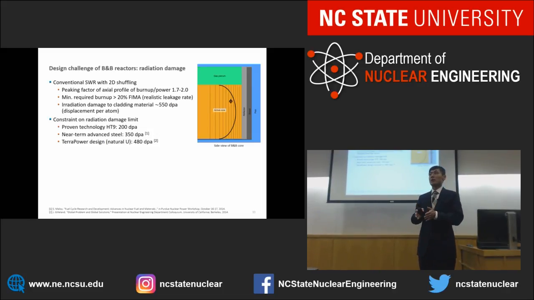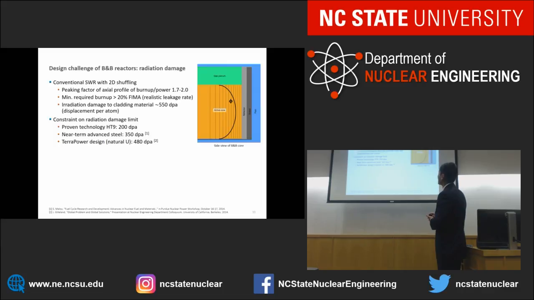Remember, this fuel has to stay in the reactor long enough to be a neutron producer. That means the fuel or the structural material at this elevation will see a lot of irradiation damage coming from the fast spectrum, from the fast neutrons. This is a fast spectrum reactor.